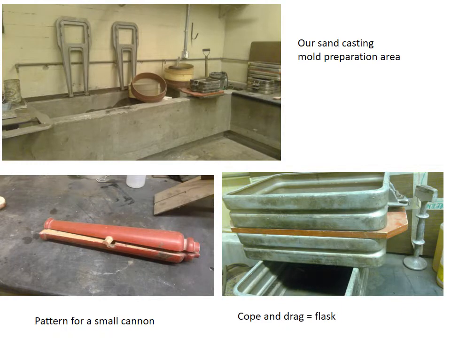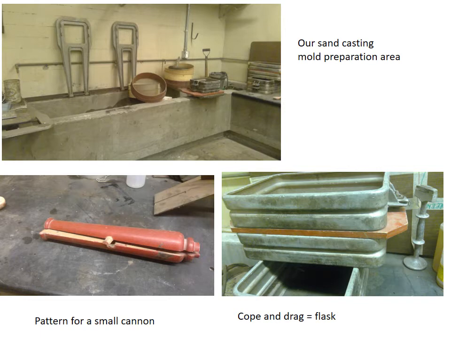This is some of the equipment that we have here. The top photograph is kind of an overview of the sand casting area. We can't do sand casting in this class because it is a fairly complicated process. We just can't squeeze it in, which is why we do plastic casting, which I'll get to at the end of this presentation.